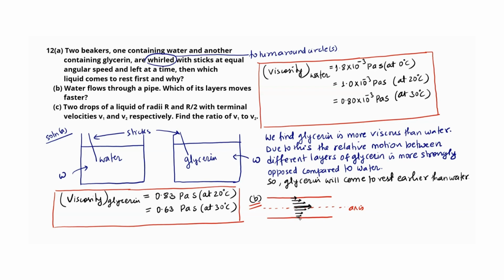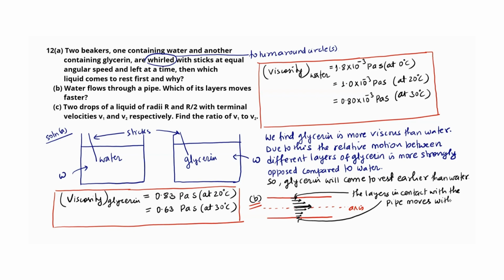Now, the layer or layers in contact with the surface of the pipe move with zero velocity.